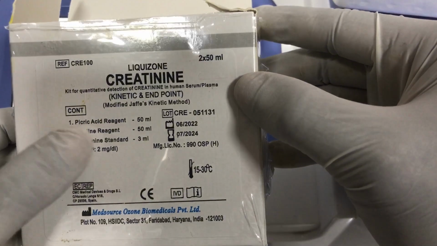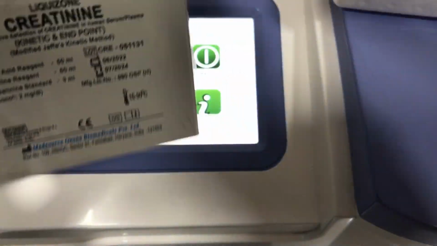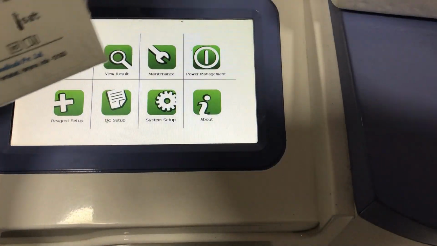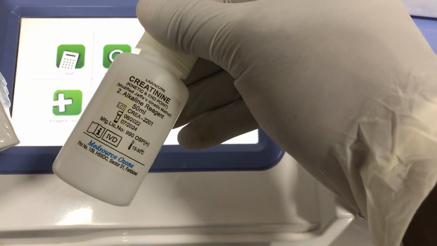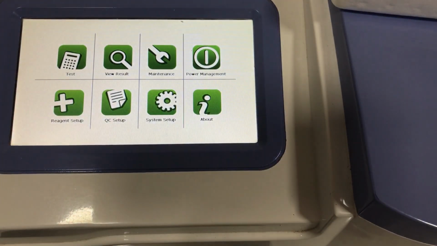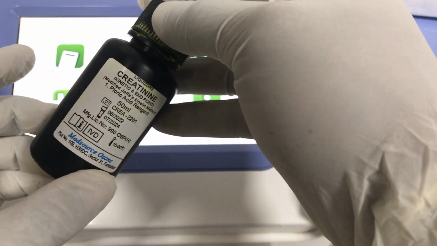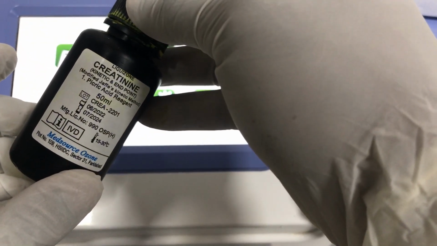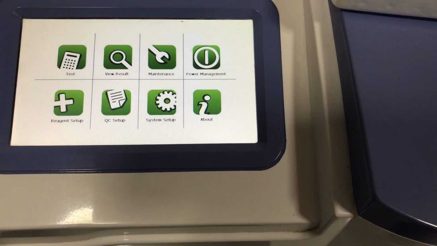We are not going to use the standard because we've done the calibration already. So this is the alkaline reagent, and this is the picric acid.